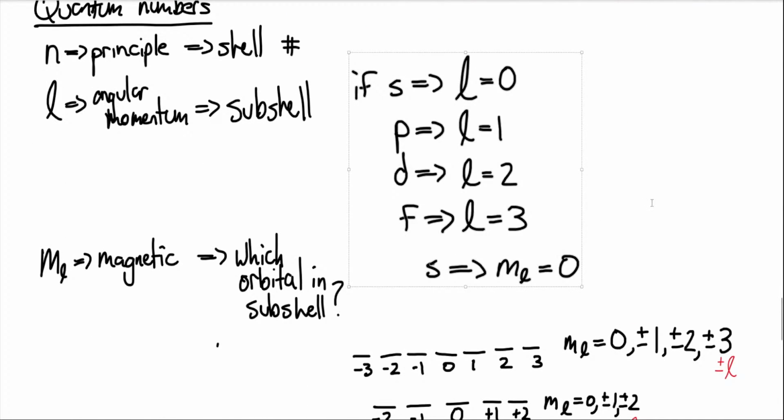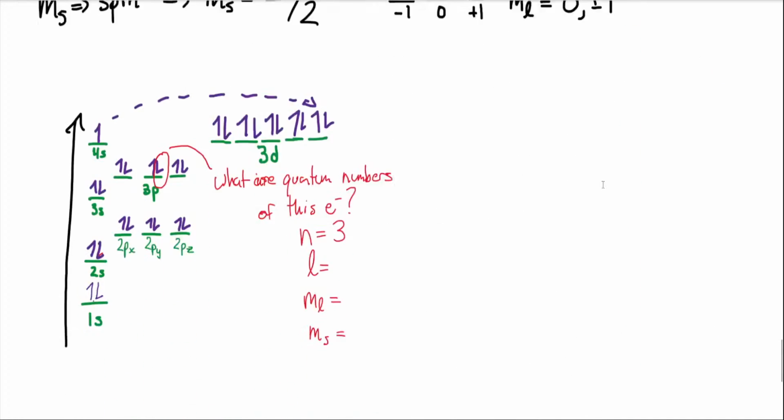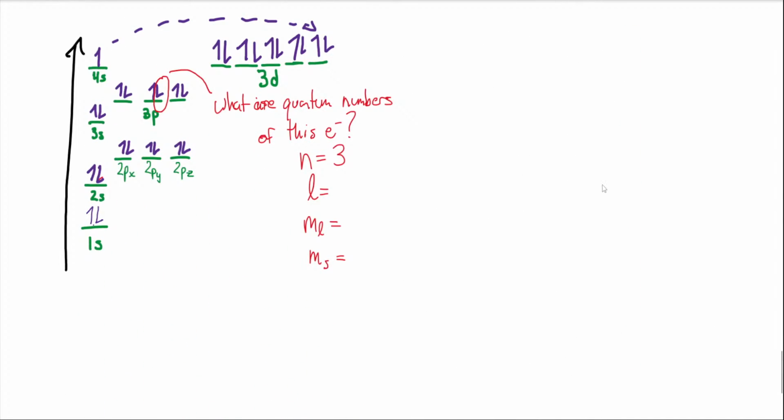0 for L is S. So that means P is L equals 1. Right? P is L equals 1. The reason I brought up the plus or minus L is because that's how you catch that mistake. Your intuition is going to tell you that S is 1, P is 2, right?